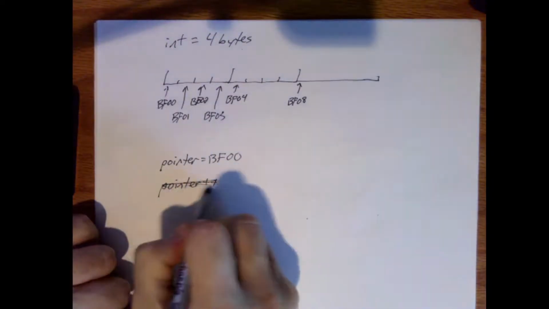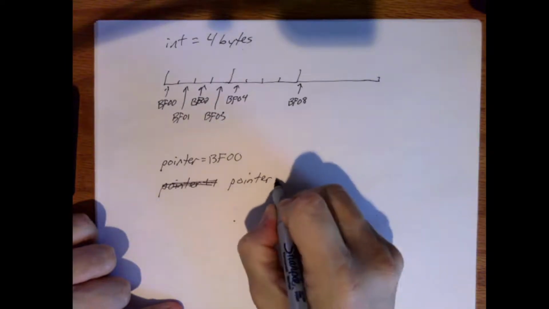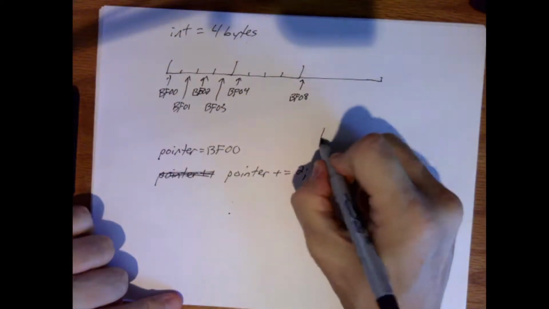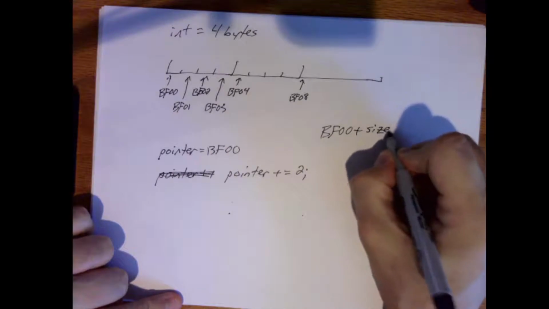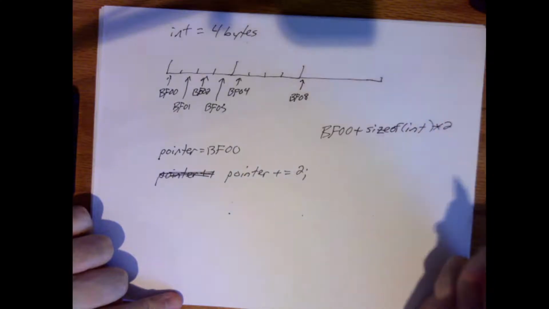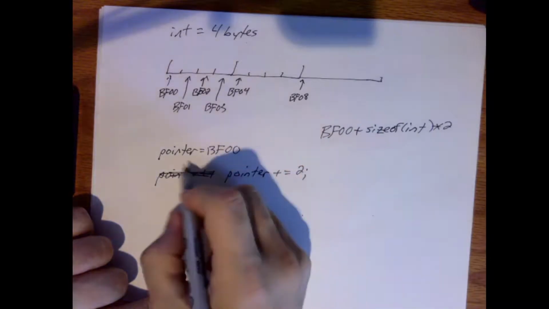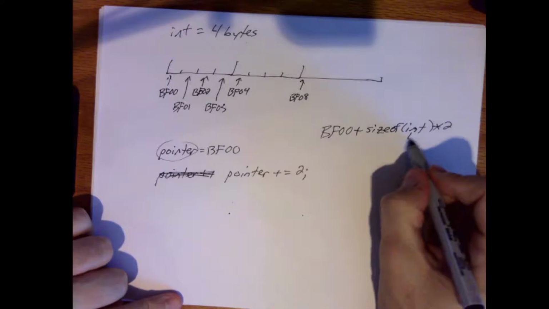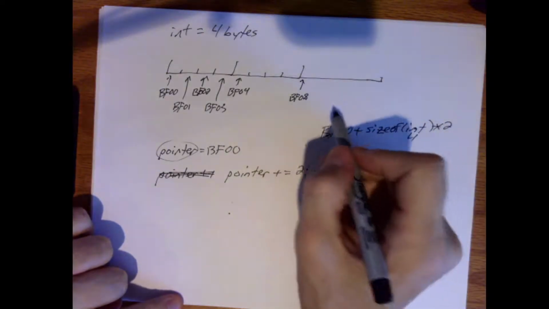So if, instead of doing this, I wrote pointer plus equal 2, what it's really doing is taking BF00 plus size of an int times 2 to get BF08. So this address stored in pointer, 2 times 4 is equal to 8. BF00 plus 8 is BF08.